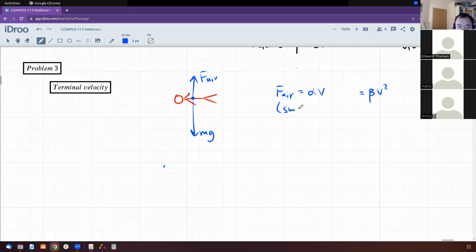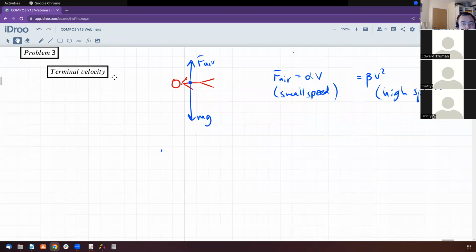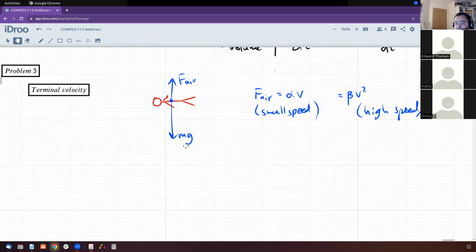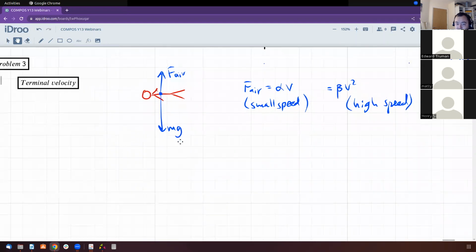That's small speed and high speed. So for a skydiver, that would definitely be beta v squared. But for something slow, it's going to be less.